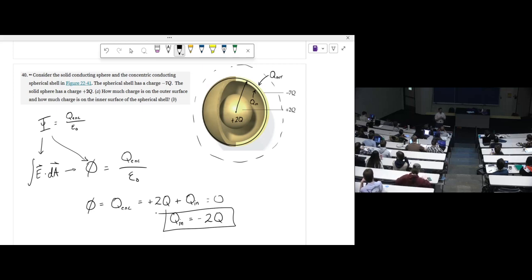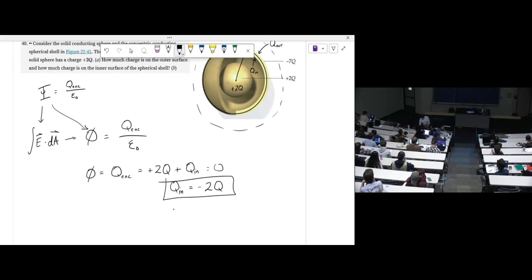So how much charge is on the outer wall of the shell? -5. So it ends up that you were right, but we just had to reason why it was there to begin with. Q on the outer wall of the shell is equal to minus 5Q. And you say, well, how did you know that?